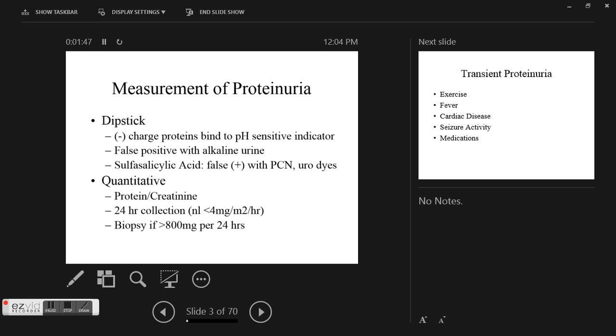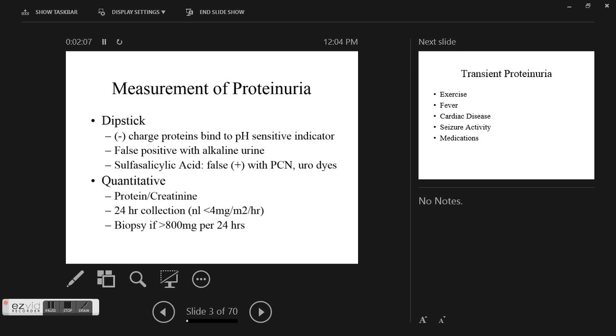So look at that pH. If it's an alkaline pH, kind of circle it, and you can see a false positive with it. You can also see false positives if somebody's undergone recent urologic testing and received dyes, or with certain antibiotics, specifically penicillin. Remember, the dipstick, again, is a qualitative test, just like the sulfosalicylic acid test.